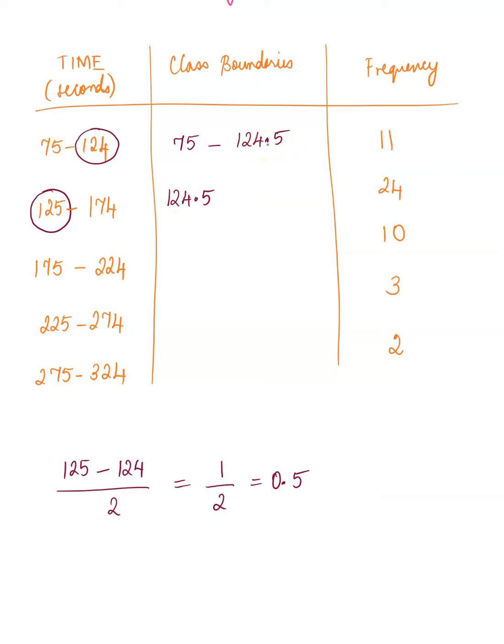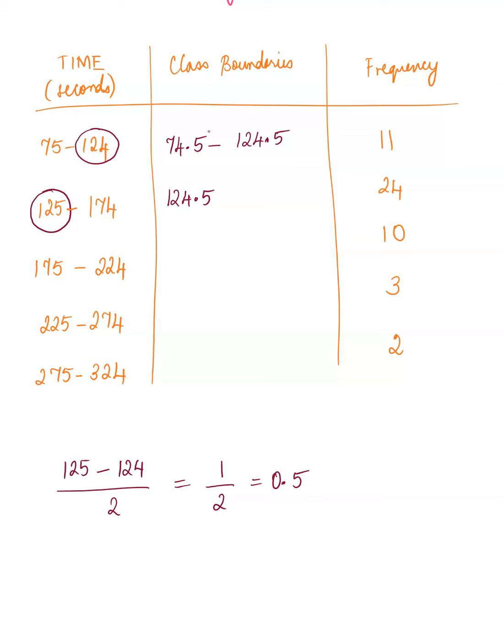Now, because of the way it is ending, I'm going to change the 75 also to 74.5. Again, remember, this is the lower end. It doesn't matter. We took a convenient number, and the lowest data value was 83. It doesn't hurt us to go from 75 to 74.5. We wouldn't be losing or missing out on any value.